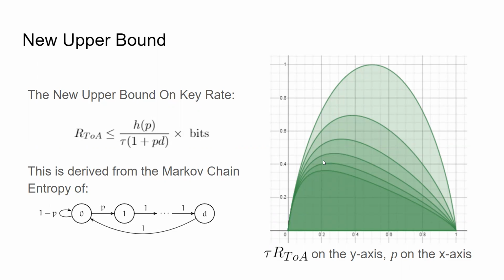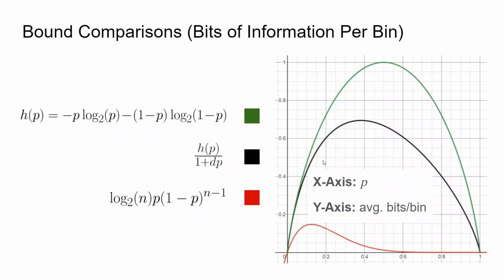Anyway, thanks. Okay. So over here, we're going to take a look at some of these formulas that we've had so far to calculate the key rate. This red one on the bottom is the rate for PPM that we saw earlier. You can see that it's quite far away from the upper bound, and that will make it so that we have to complicate things a bit in order to calculate the true key rate.